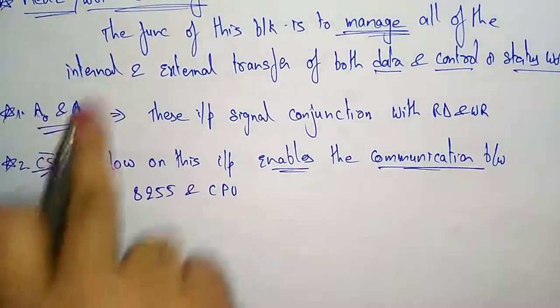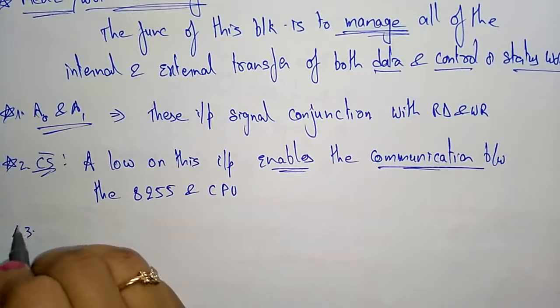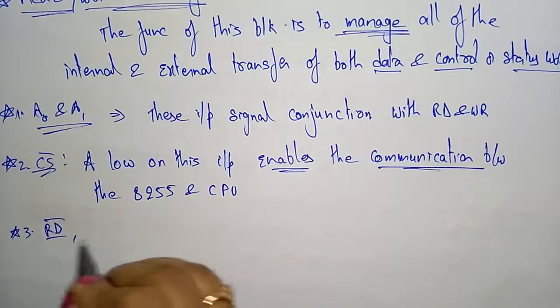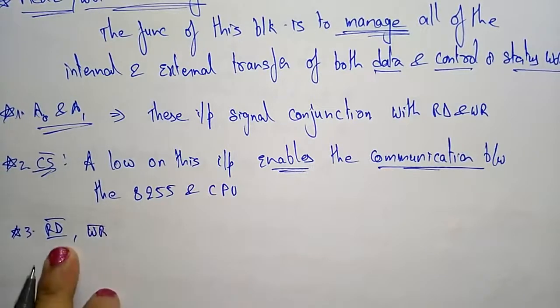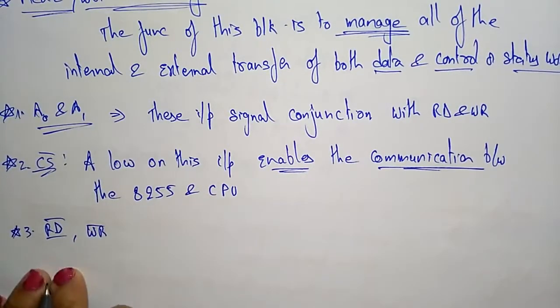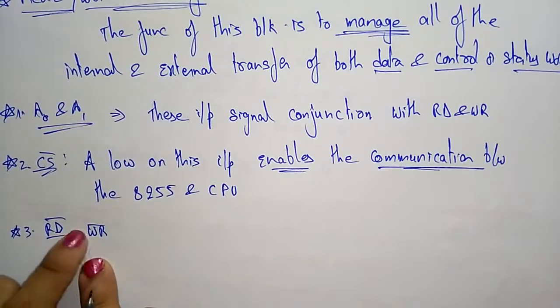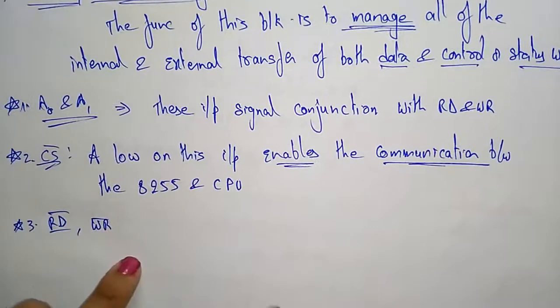So in the read-write control logic, you still have RD bar and WR bar. These are used for read and write. Whenever there is a low on the read pin, it enables the 8255 to send the data or status information to the CPU. Whereas the write signal is from CPU to 8255.